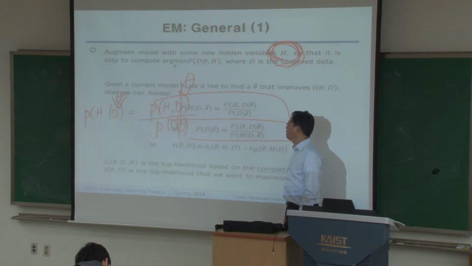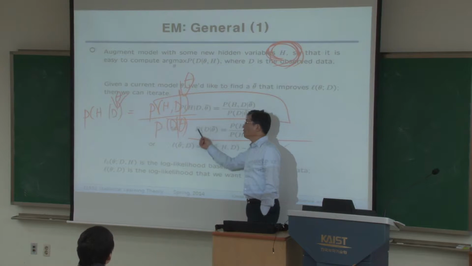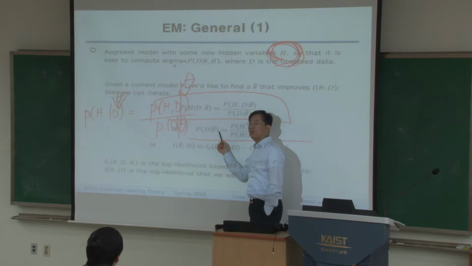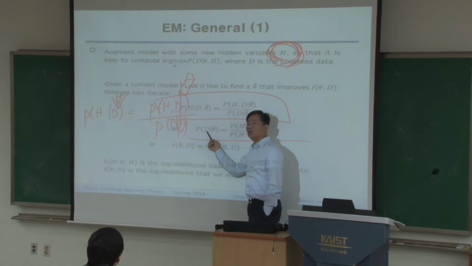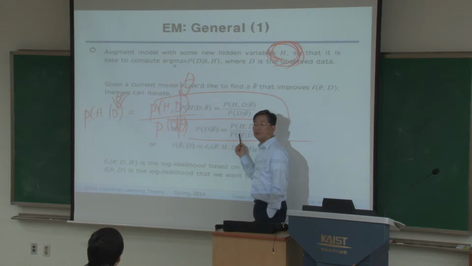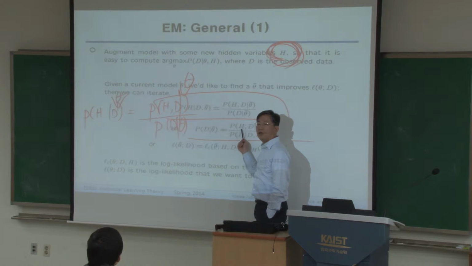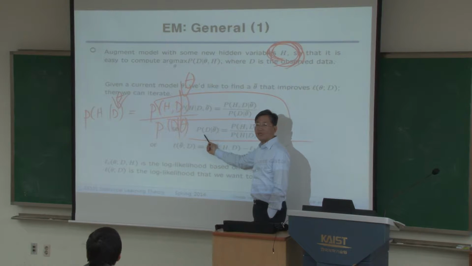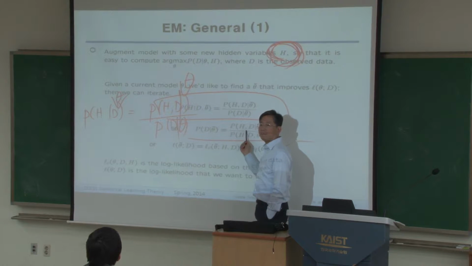So this is what we are actually trying to maximize, right? The probability of data given theta. But on the right-hand side, we see something that did not appear on the left-hand side: the hidden thing.